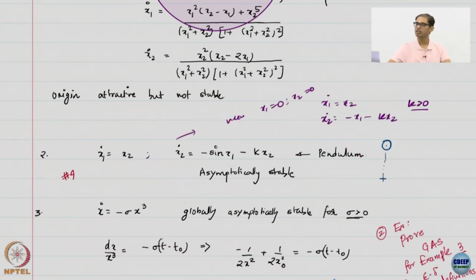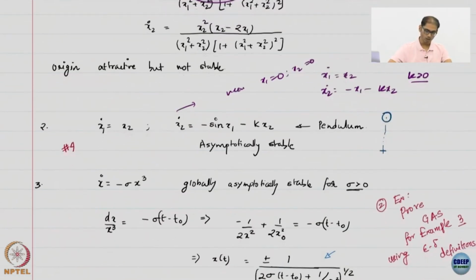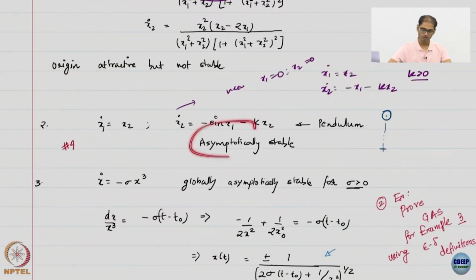So, this is an asymptotically stable system, local, not global. Not global because there is an inverted position, that is x1 equal to pi, which is also an equilibrium. (0, 0) is an equilibrium, (pi, 0) is also an equilibrium for this system.